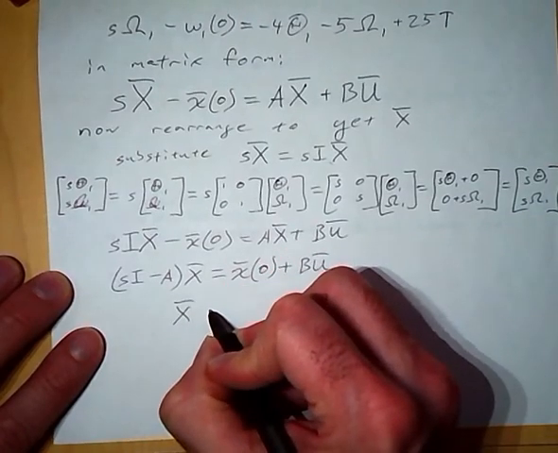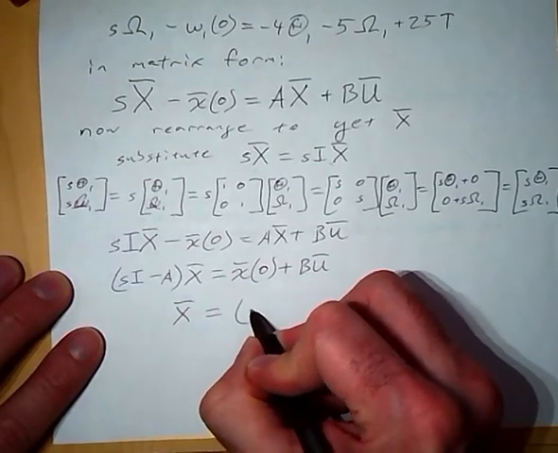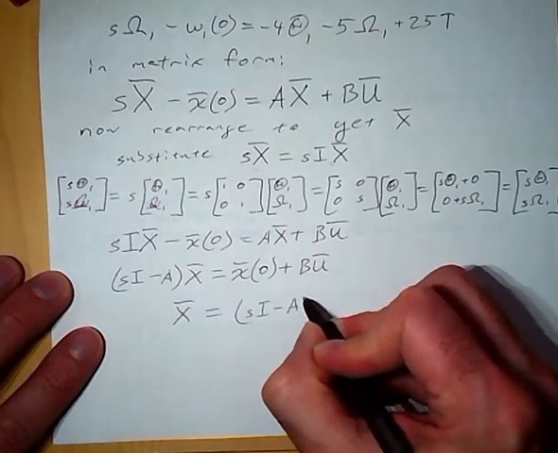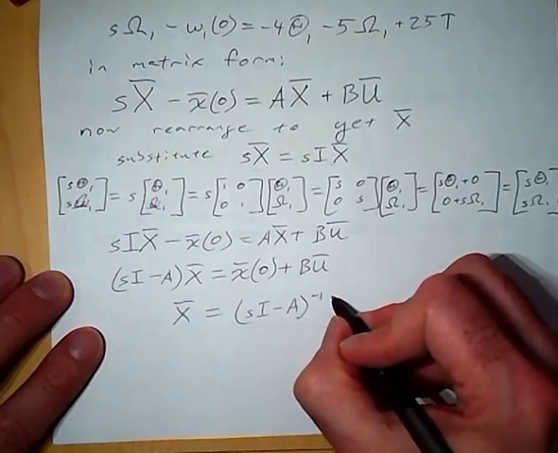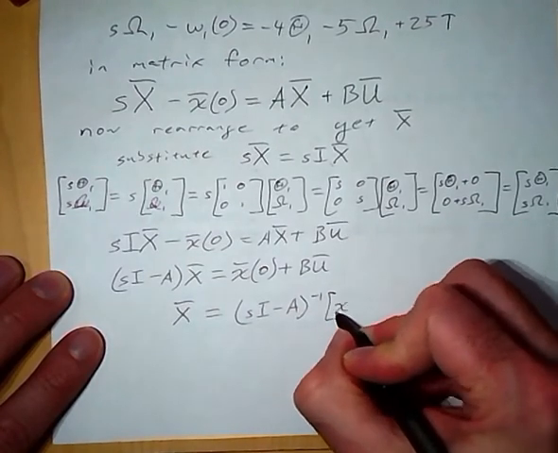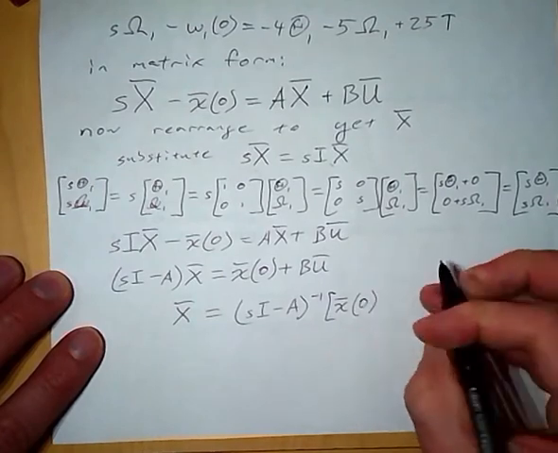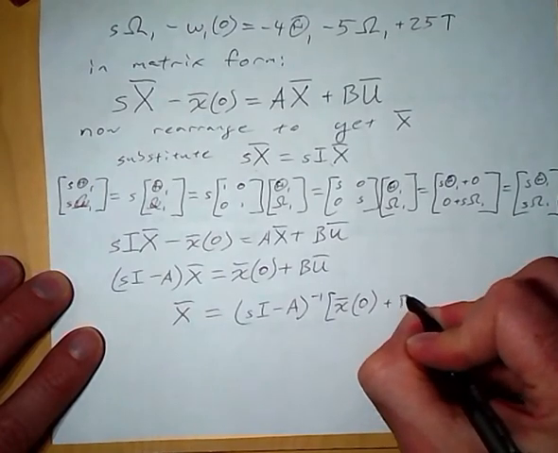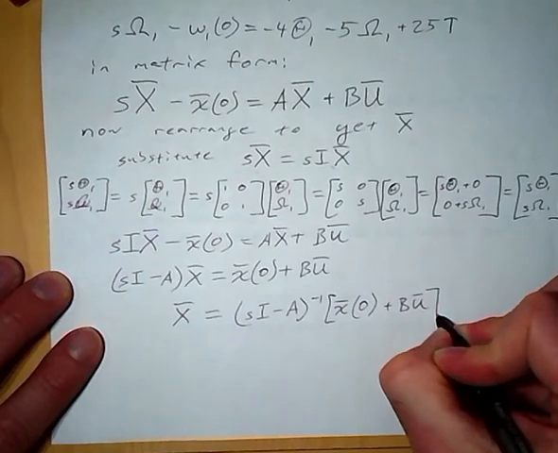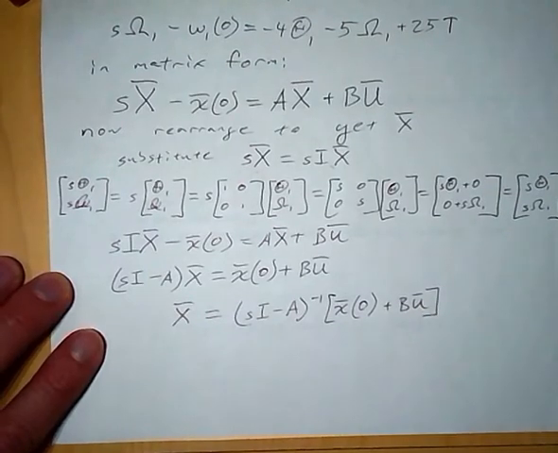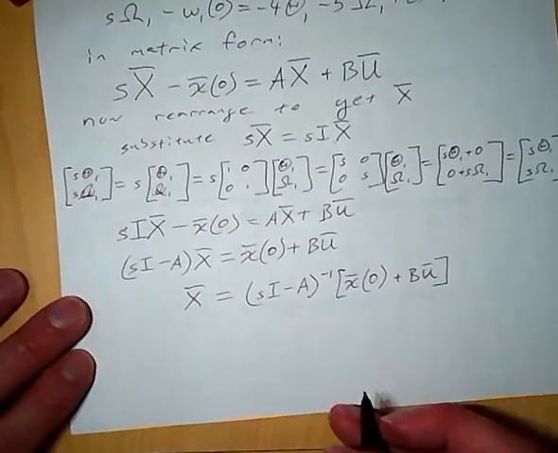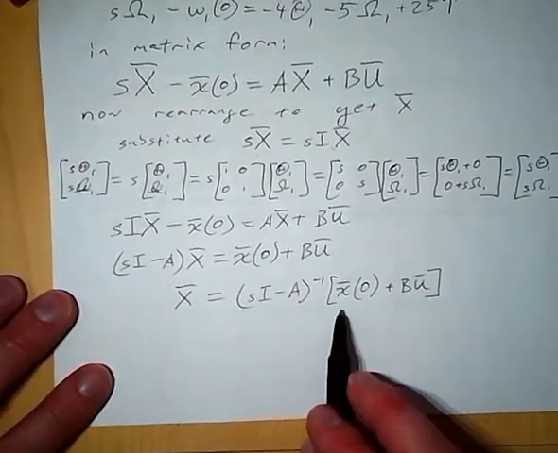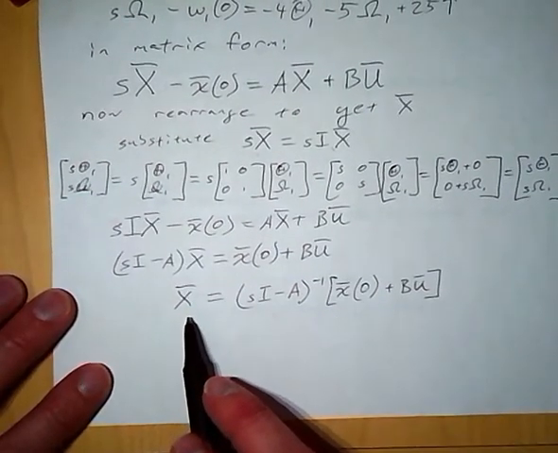So capital X bar is SI minus A inverse times the state vector at time 0 plus B times U. Okay. And so this will give us the solution for the Laplace transform of our state vector.